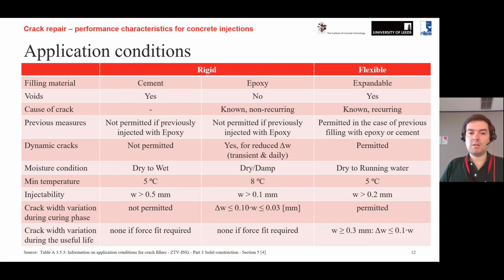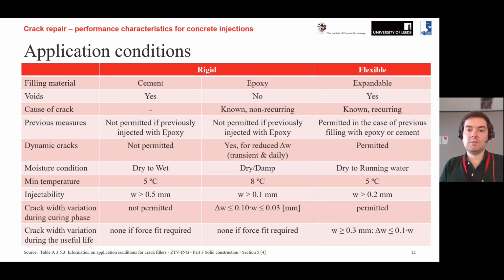In terms of dynamic cracks, cements don't really accommodate the movement. Epoxies do for reduced crack widths, mostly on transient and daily changes, but they need to be within a certain value. And I guess here you are playing with the elastic modulus of the epoxy, which is considerably less than concrete.